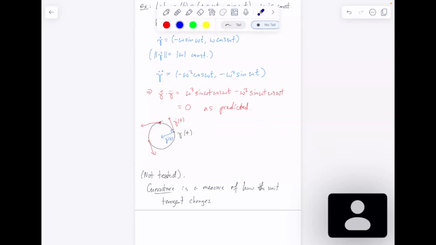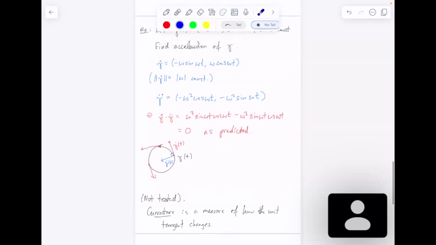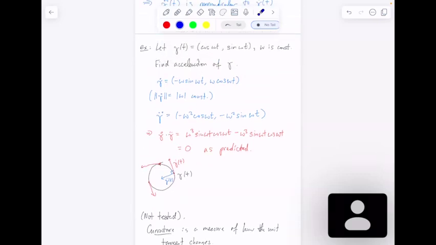But if I just drew a circle for you of this exact same radius and didn't give you any parameterization, it would be nice to have a quantity that quantifies how curved this circle is. The issue here is we can't just take acceleration, because if I parameterize this with, say, omega equals 100, then your acceleration has a magnitude of 100 squared. Basically, your acceleration itself depends on how you parameterize the curve.